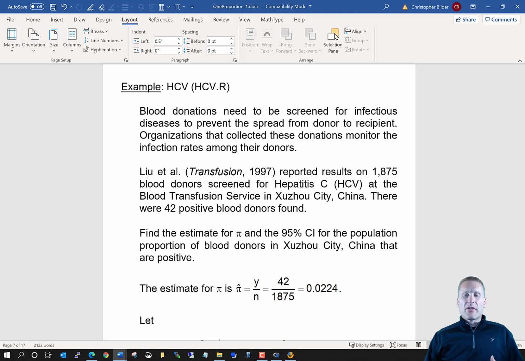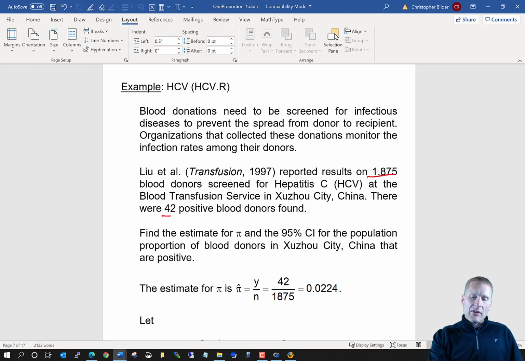In this particular example, what we're going to do is look at the prevalence of, or the proportion of people in a particular population, the disease prevalence for hepatitis C in a blood donor population. And so a particular paper sampled 1,875 blood donors.